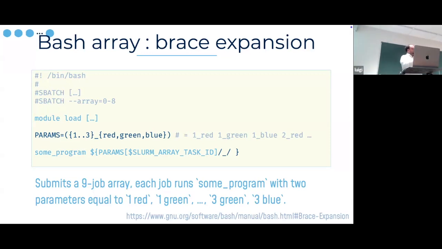So if you have a 2-dimensional parameter, so here I have 1 dimension going from 1 to 3, another dimension which is categorical with the colors. I can create all pairs with this syntax and use this syntax to split each element of the pair so that my program gets the 2 arguments that it's expecting.